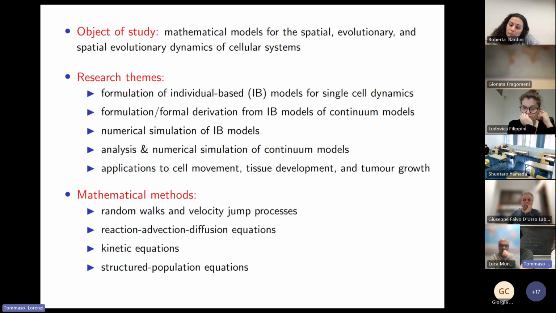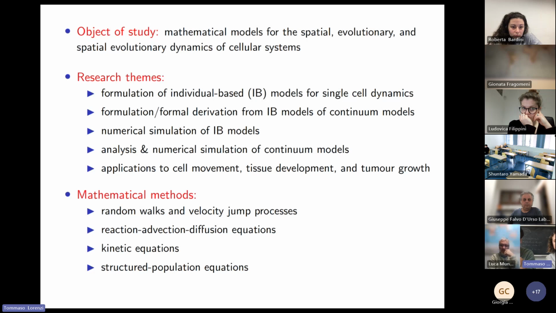We are also interested in how, starting from this type of models, we can recover through coarse-graining procedures continuum models, that is, models that describe the aggregate dynamics of the cells as a population and not at the single-cell level, or to formulate straight away continuum models for the dynamics of cell populations without departing from underlying individual-based models.